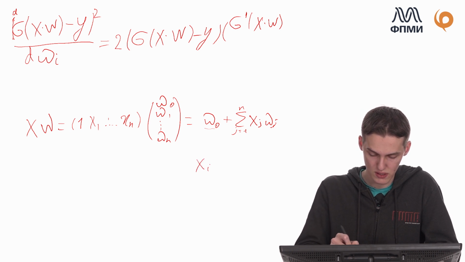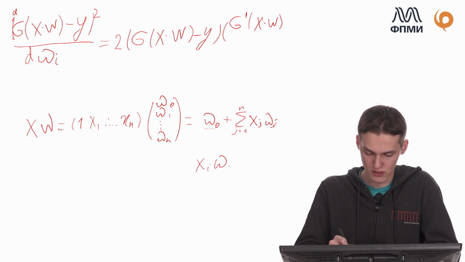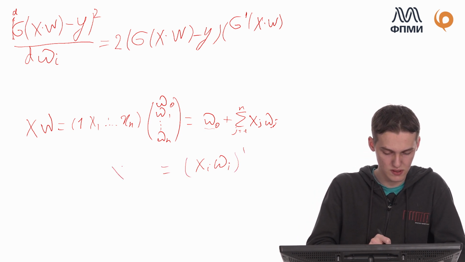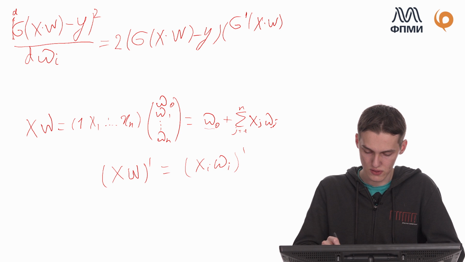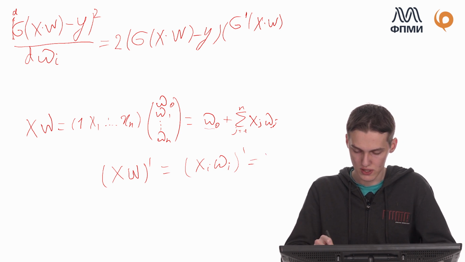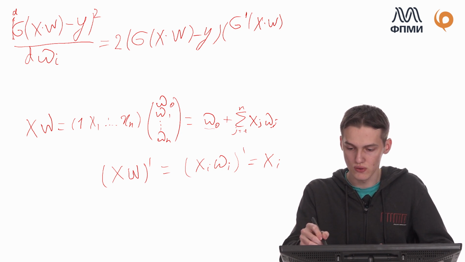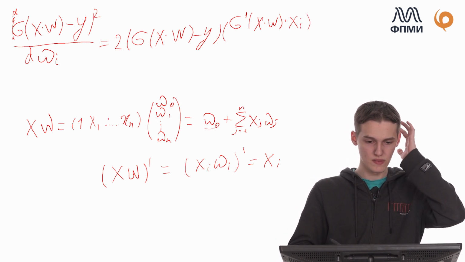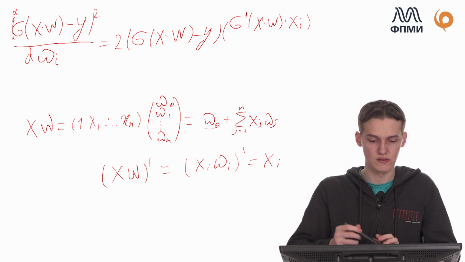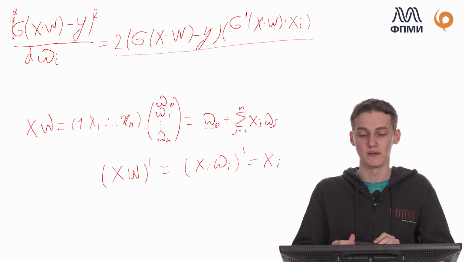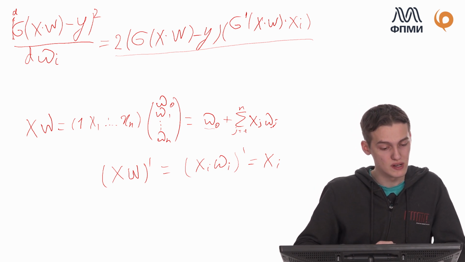So x i omega i, we need to differentiate. Actually, yeah, this is true. So it's just x sub i. That's the last term we need to add in here. It's multiplication. And here we go. This is our part of the gradient that we need to compute to train our neuron.